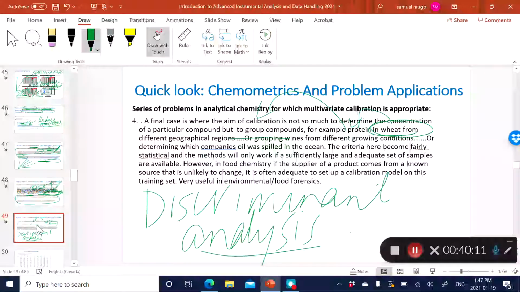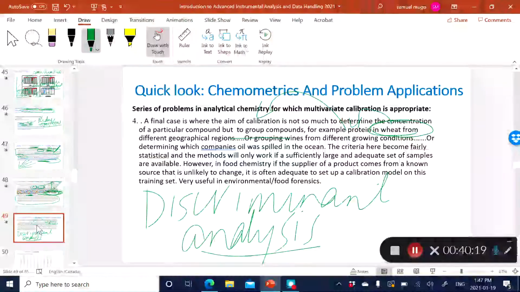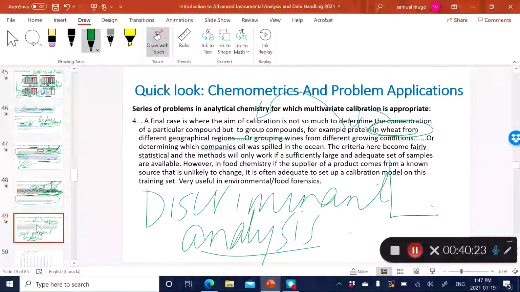So I'm trying to analyze the amount of proteins that could be potentially present in wheat grown in different geographical regions. So in essence, I just want to cluster the data to show that there are relationships between wheat that is grown in different geographical locations.